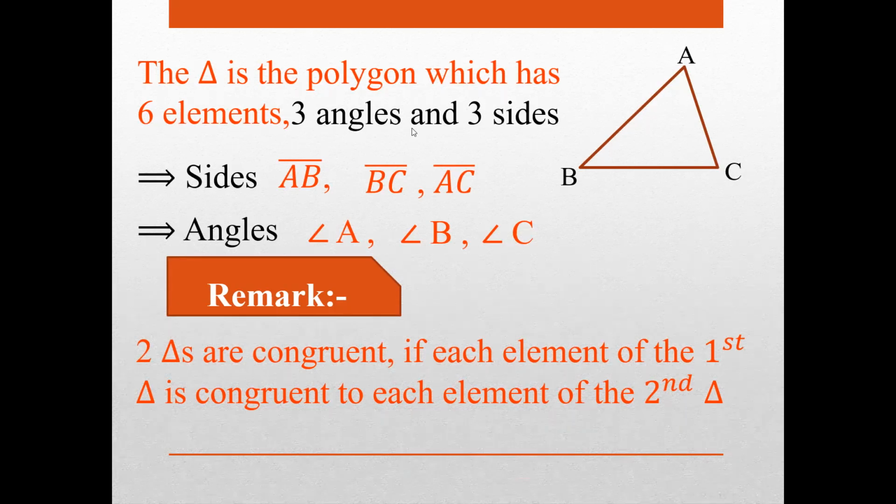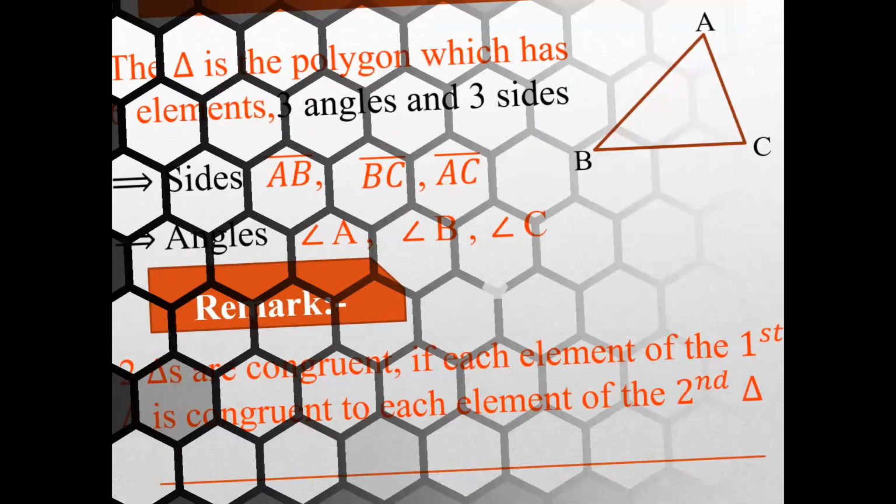So if we have two triangles, we can say that the first triangle is congruent to the second triangle if the elements in the first triangle are congruent to the corresponding parts in the second triangle.